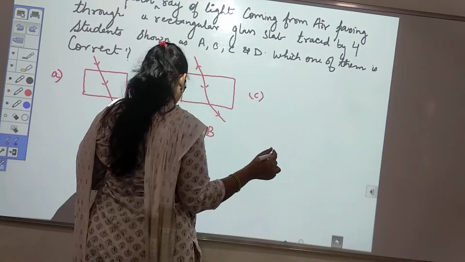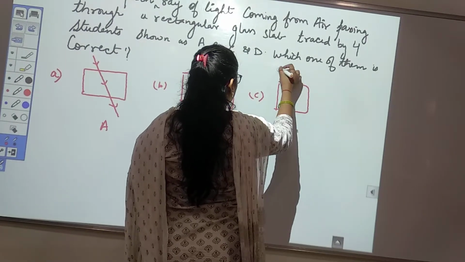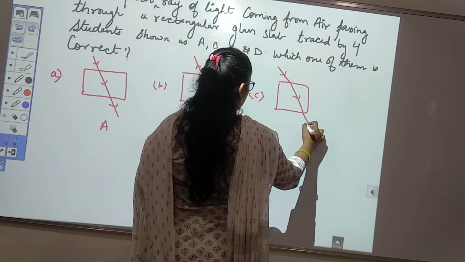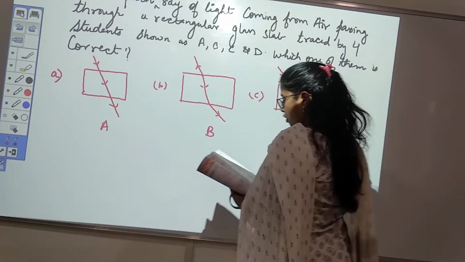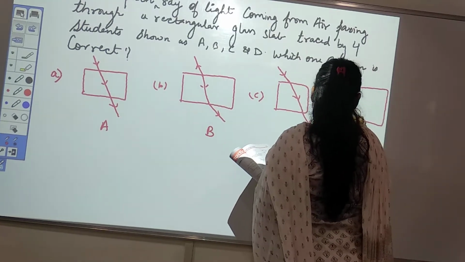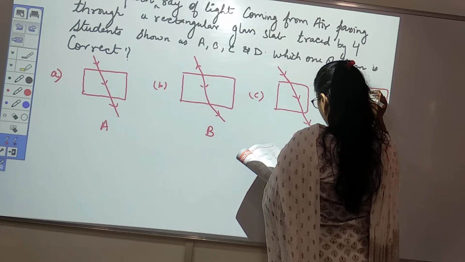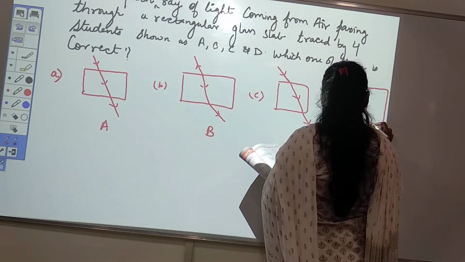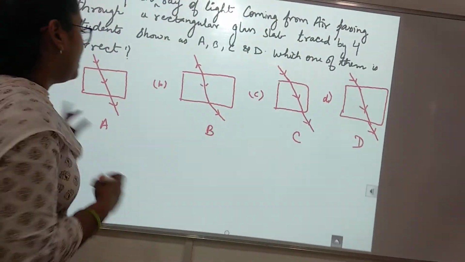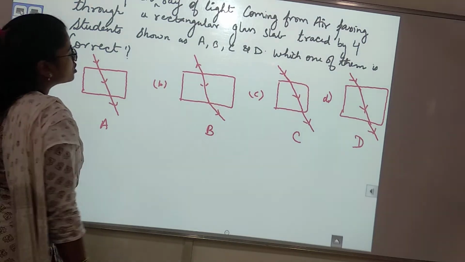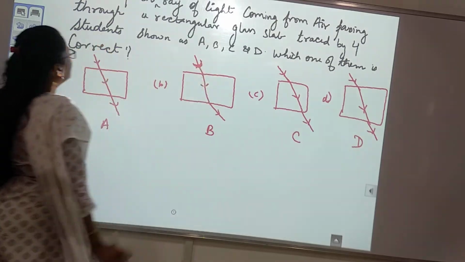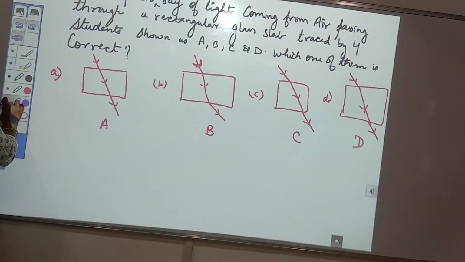Option C was again this, and this is option D. Now you can see from these four options that the most correct one is the one with arrows like this. So the most correct option is option B.